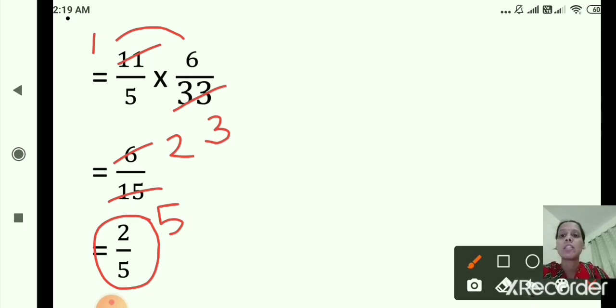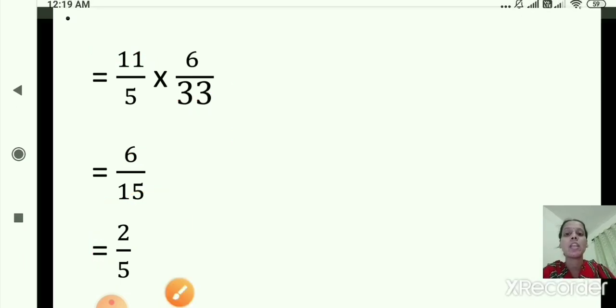Yes, a mixed fraction is given. First we will convert the mixed fraction into a simple fraction. After writing the simple fraction we can do division, and as we have seen in the previous session, what is the first step in division? First we'll write down the first fraction as it is, that is the first rational number as it is.